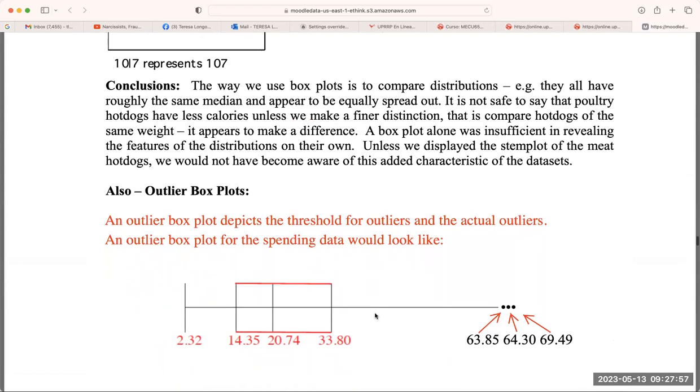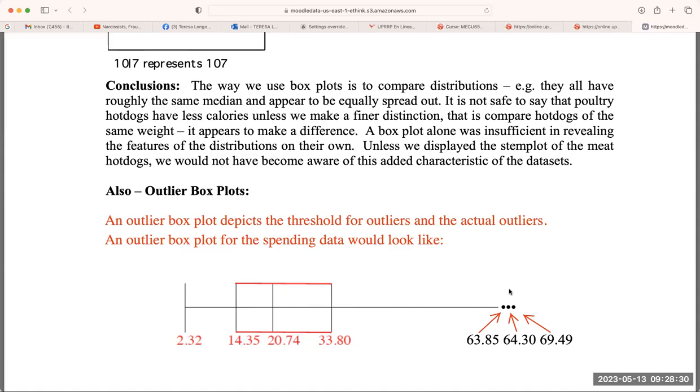So here's an example of an outlier box plot. What you do with an outlier box plot is you go to the side where there are possible outliers, and you mark the threshold of 1.5 times IQR plus Q3 or minus from Q1.